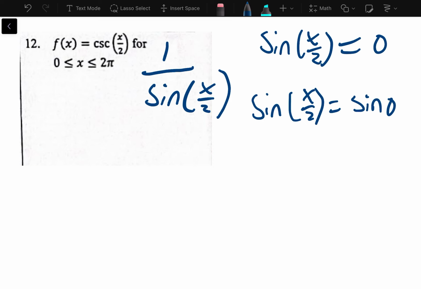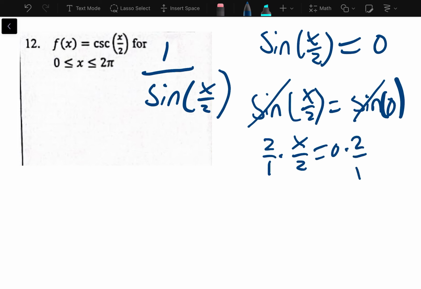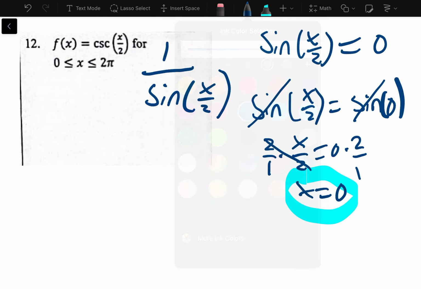Sine is 0 at 0. So we have x over 2 equal to 0, times 2 over 1 on both sides. We have x is equal to 0. That's one answer. We also know that sine of x over 2 is equal to 0 at sine of pi.